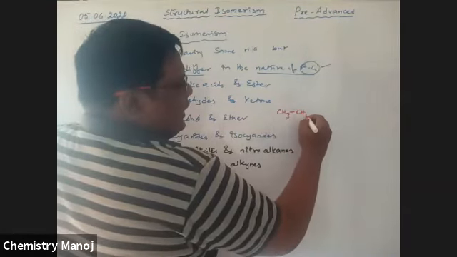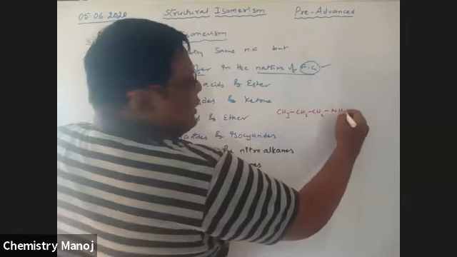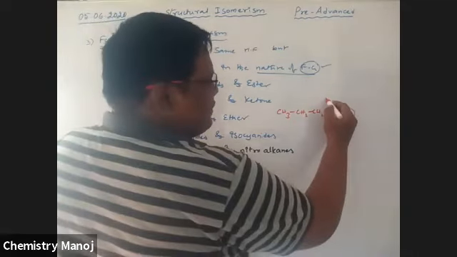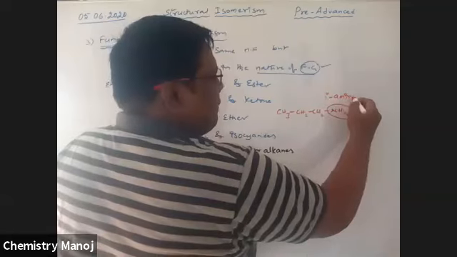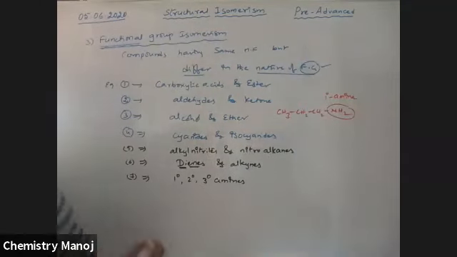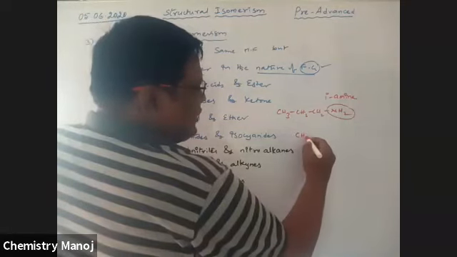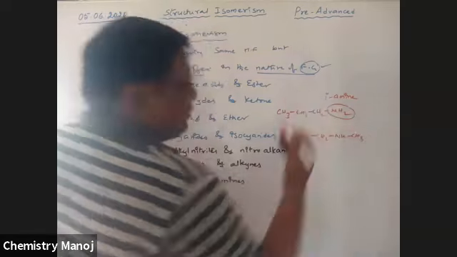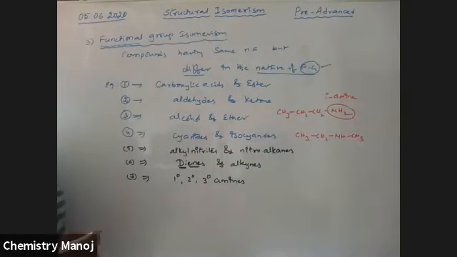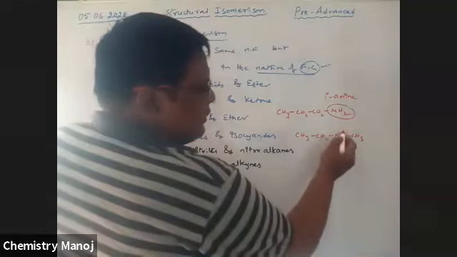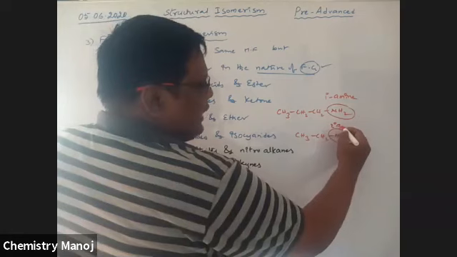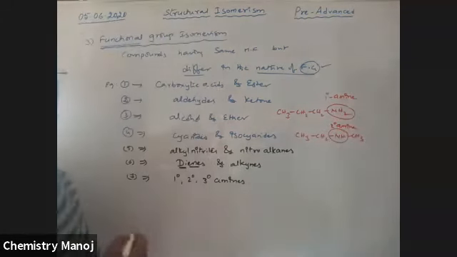CH3-CH2-CH2-NH2. Here the functional group is NH2, an example for primary amine. Now I am writing CH3-CH2-NH-CH3. This has the NH functional group, therefore it is an example of secondary amine.